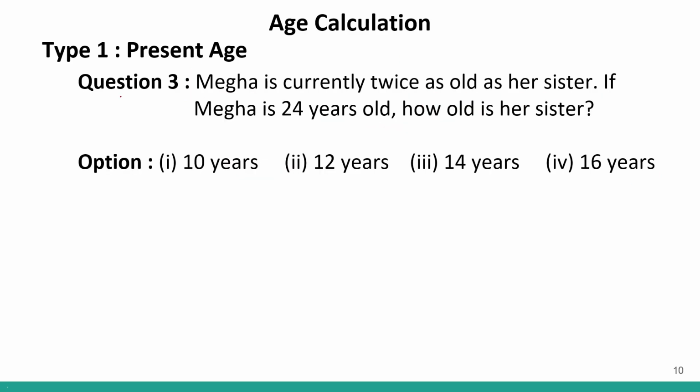Okay. Question number 3. Megha's present age is M, she is currently twice as old as her sister. Let's say the value of sister is S. So if Megha is twice as old as her sister, if it is X for sister, for Megha it will be 2X because she is twice as old as her sister.